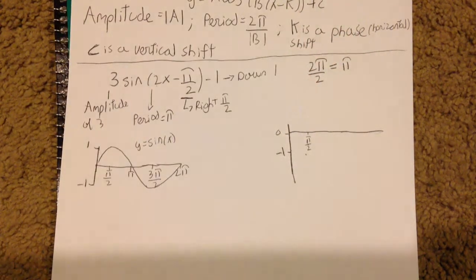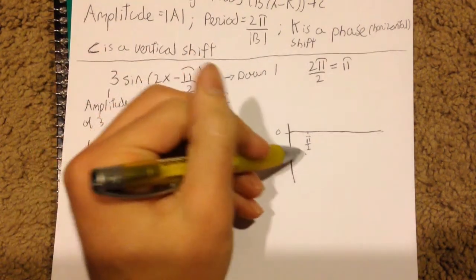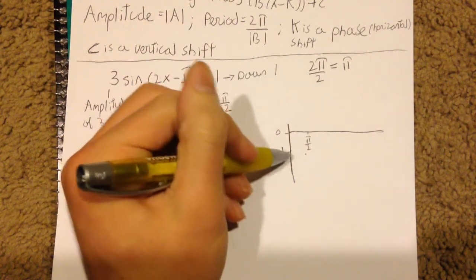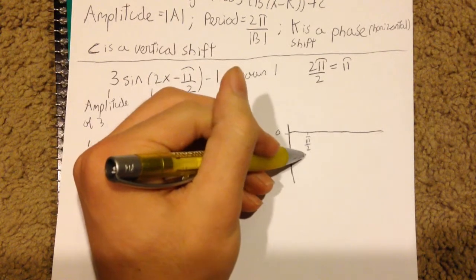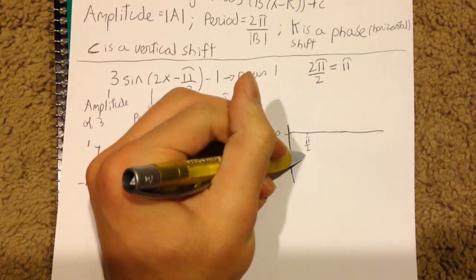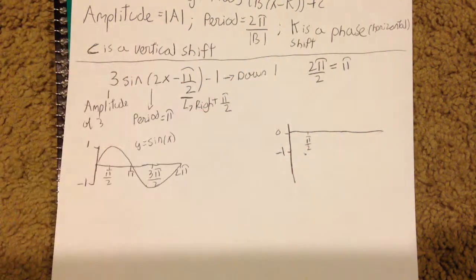Basically, all this means is that the origin of the graph has moved down 1 and to the right pi over 2. So we're going to start graphing from this point. This will make more sense once I actually graph it.